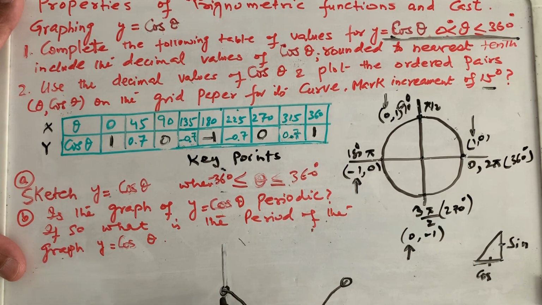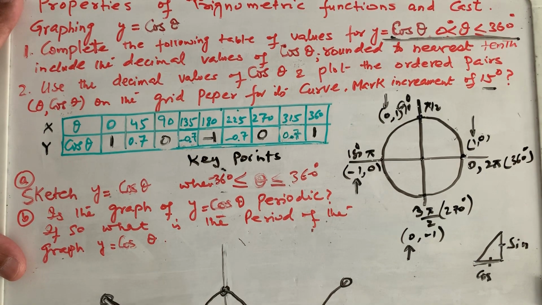So the values are: minus 90 is 0, minus 180 is minus 1, minus 270 is 0, and then minus 360 is again 1. So my curve is like this. On the grid paper, it will be smooth and fine.